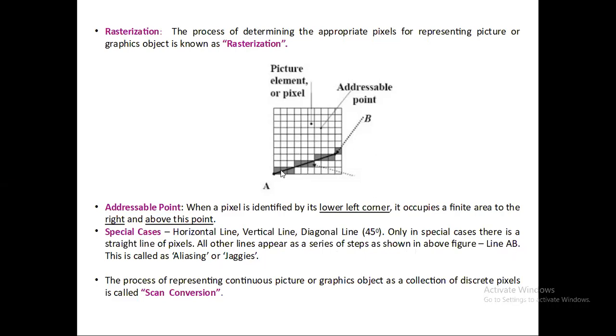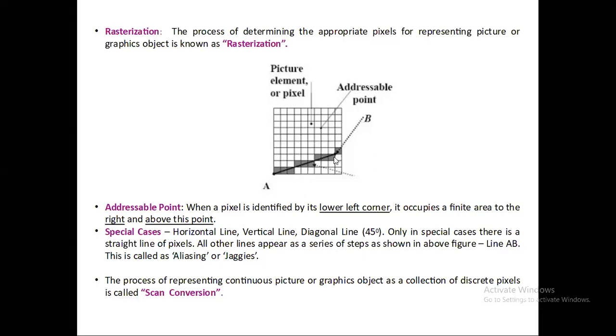So we have plotted this line AB, but on the screen you will get the effect of this line as a jaggies effect. It is called the aliasing effect or the jaggies effect, because the line looks like a stair step case. Okay, so this is the rasterization.